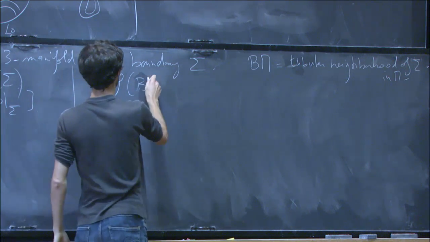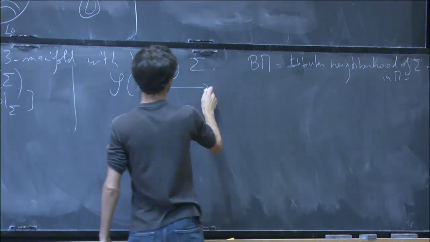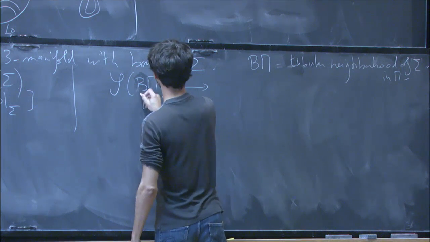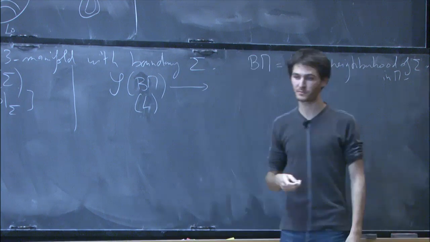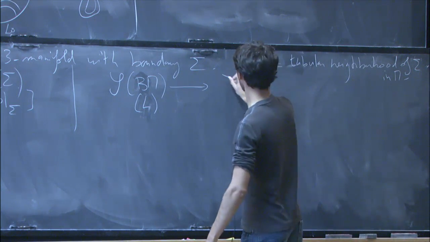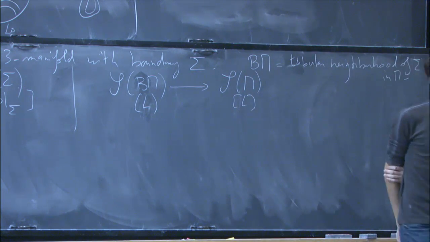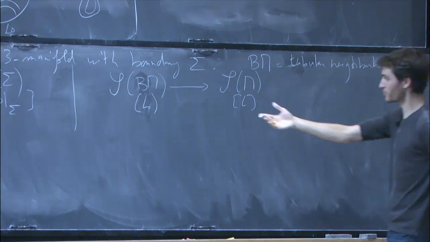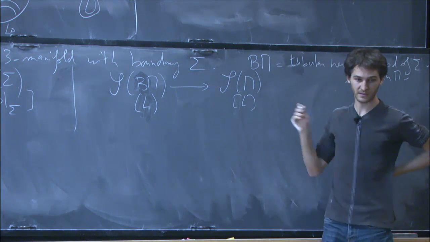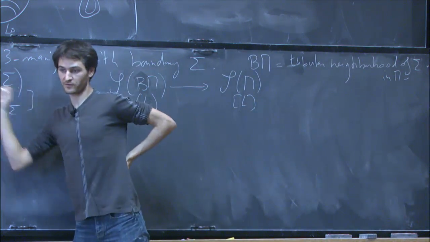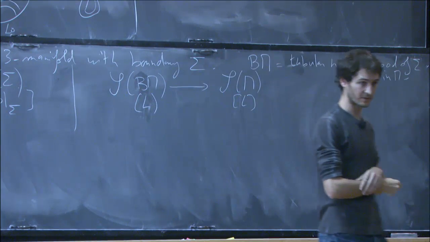But I can do a very simple map here. If I have a link inside Bm, I can just send it to itself inside M. Okay? And this is an algebra map, it's completely obvious. And this is exactly the dual of the restriction map.